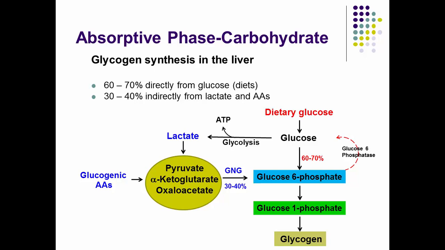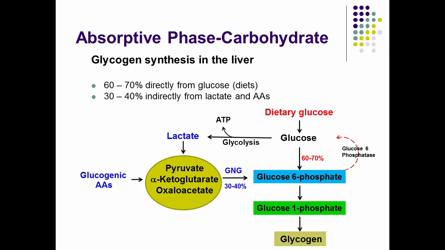Here I just wanted to tell you a little bit more about the glucose that is used to synthesize glycogen, and where this glucose basically comes from. 60 to 70% of the glucose used for making glycogen comes directly from the diet, so dietary glucose.